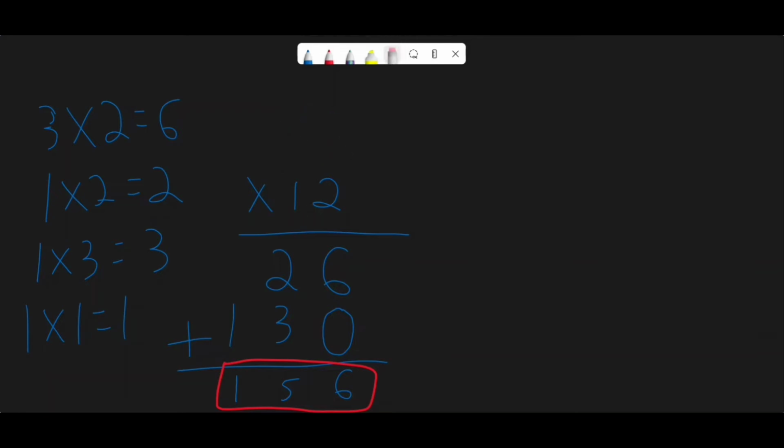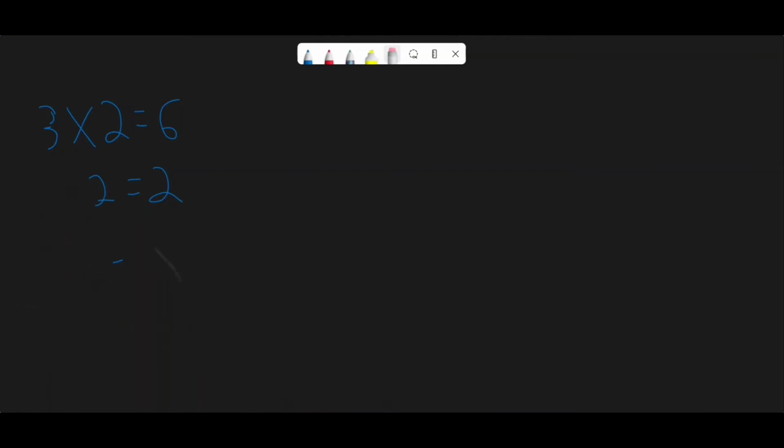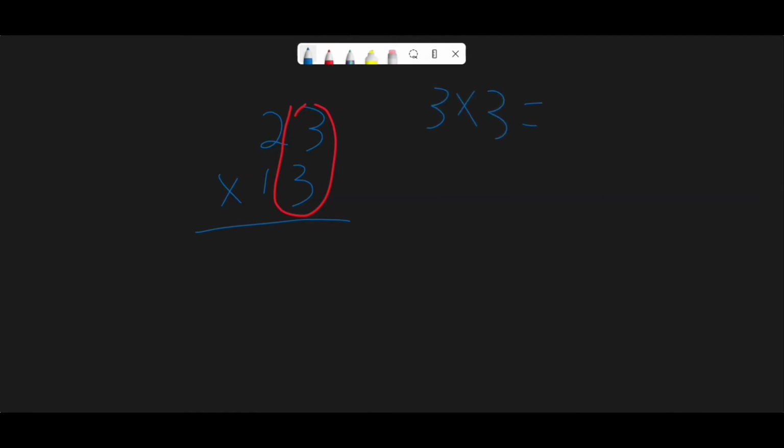We'll go through and do another problem like this. Hopefully clear up any questions or confusion. So let's go with 23 times 13. So we're going to start with the first column. So 3 times 3 equals 9. So we have 9.